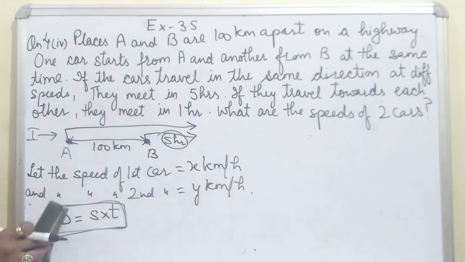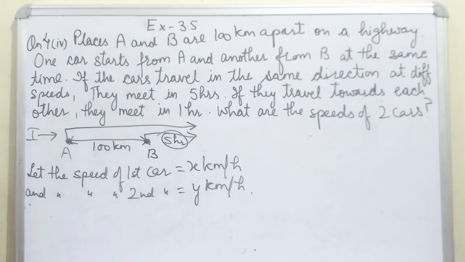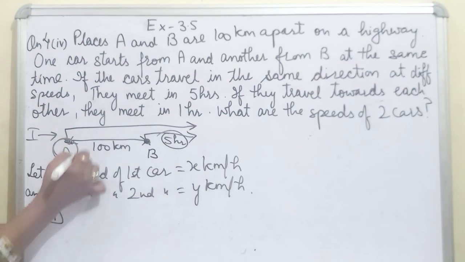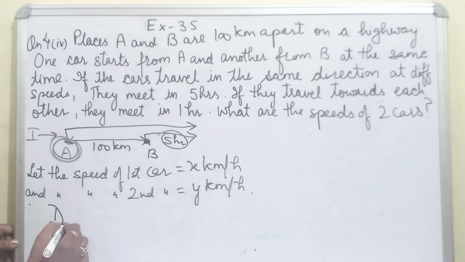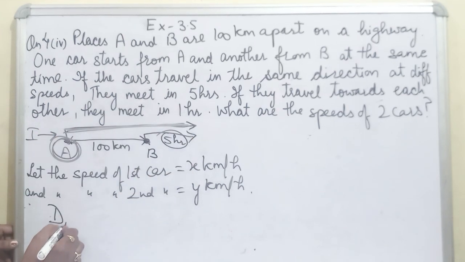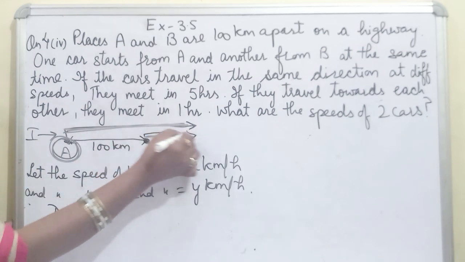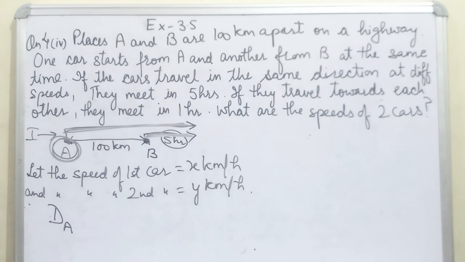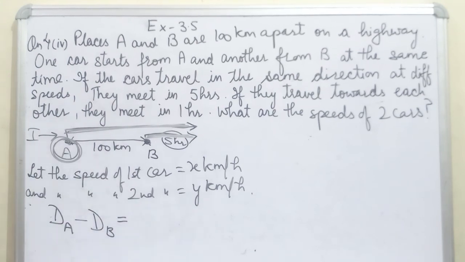So can I write this first condition as distance traveled by the car A, and this is the distance traveled by the car B, so if I subtract them, then what should it be?